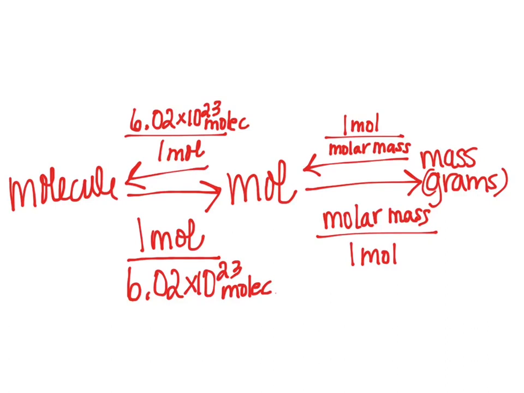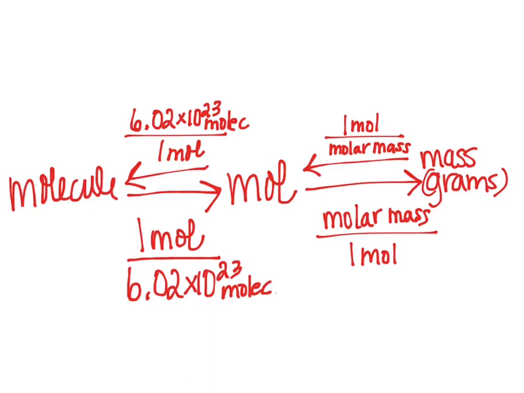Let's work some problems and then you can ask the question. Yes, if it gives you particles and says go to mass, you do the molecule to mole conversion, and then the mole to grams conversion. Do you do all three at once? No, you have to do two steps. So we would go from molecules to moles by using 1 mole over 6.02 times 10 to the 23rd, and then from moles to grams by using molar mass over 1 mole.